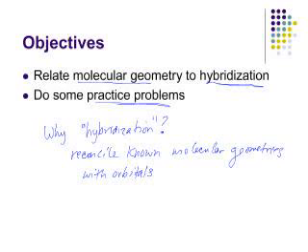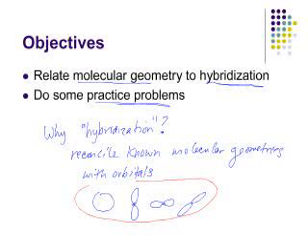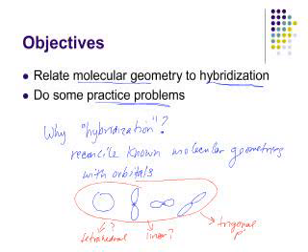Because if you look at your s and your p orbitals, which are usually the orbitals that we're dealing with in bonding, going from these orbitals to something that is tetrahedral, or linear, or trigonal planar, it doesn't work directly.